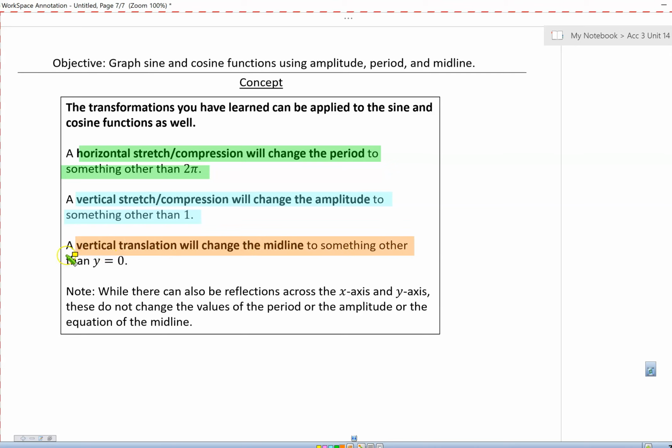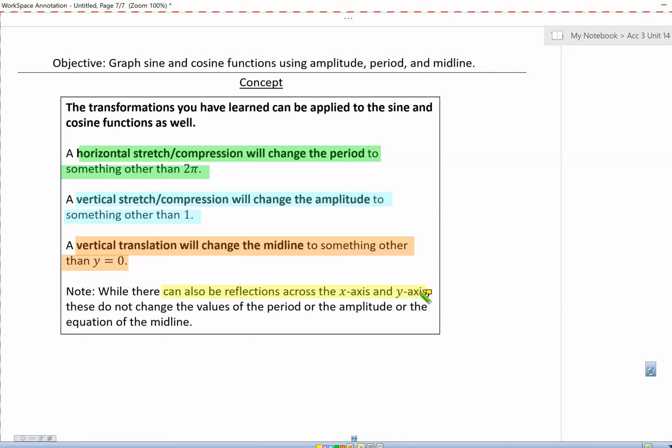So our midline, which is the x-axis in the parent functions at y equals 0, moves up or down according to a vertical translation. We can also, and we'll see some in these examples, have reflections across the x-axis and the y-axis.